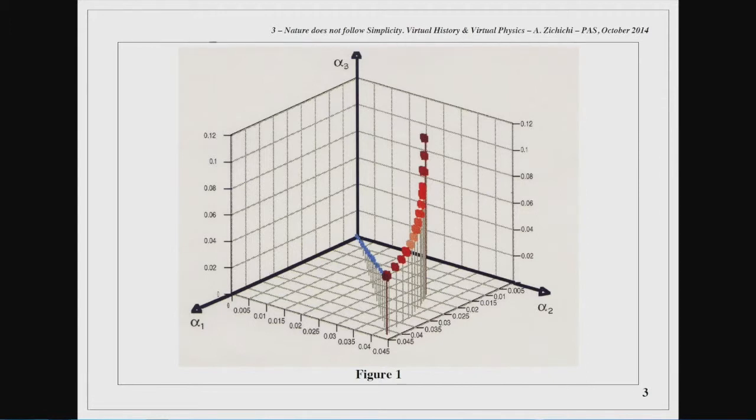Alpha 2 is the Fermi force, or the weak force, and alpha 3 is the strong force. Platonic simplicity would be the blue line, which goes to the convergence at about 10 to the 16.2 GeV. GeV means billion electron volts. But nature follows the red line, which has nothing to do with simplicity.